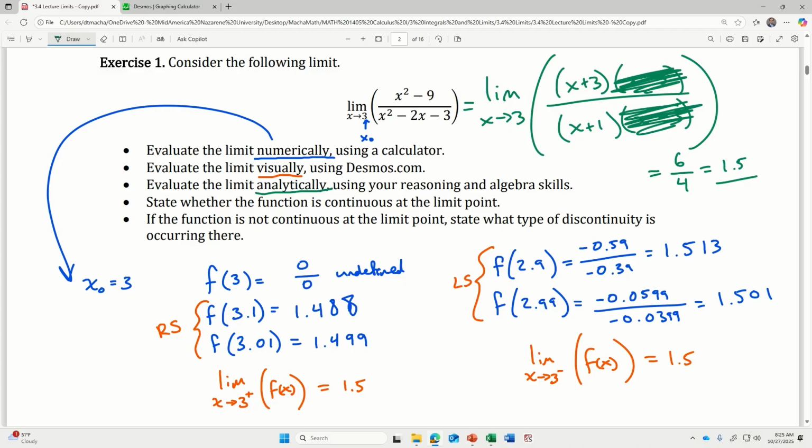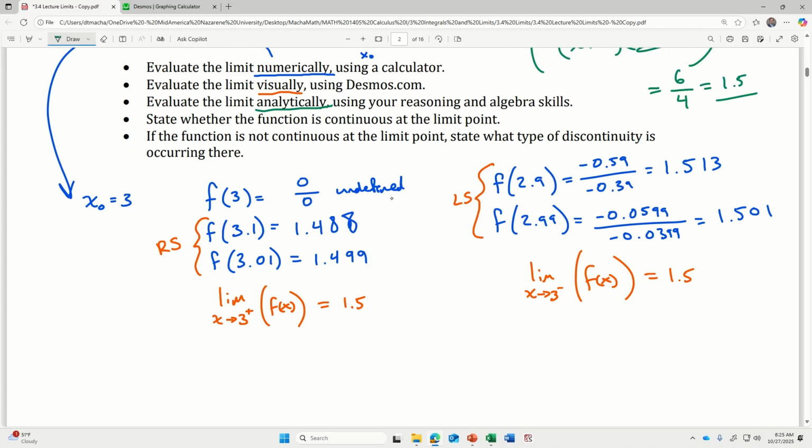State whether the function is continuous at the limit point. Well, no, it's not continuous, right? Because it's undefined.